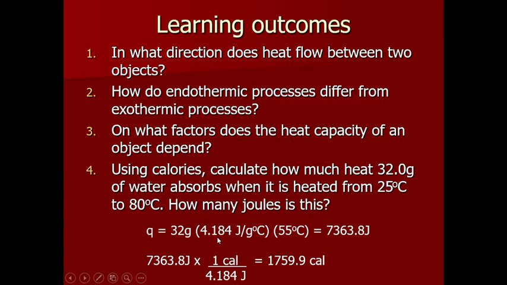So you just write the value of this constant, 4.184 joule per gram degree Celsius, multiplied by 55 degrees Celsius. This 55 degrees Celsius is delta T, that is 80 minus 25. Just multiply the values. The answer comes out to be 7363.8 joules. This is the answer in joules.